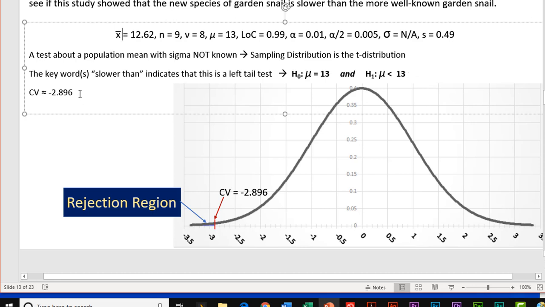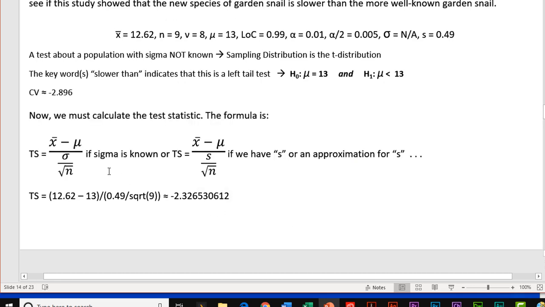My critical value is approximately negative 2.896. Here on this diagram, we have it all the way out here in the left tail, negative 2.896. The critical value represents a boundary that separates the tail from the rest of the graph, and depending upon the information we're given, that boundary moves a little bit. The next thing we have to do is calculate our test statistic.